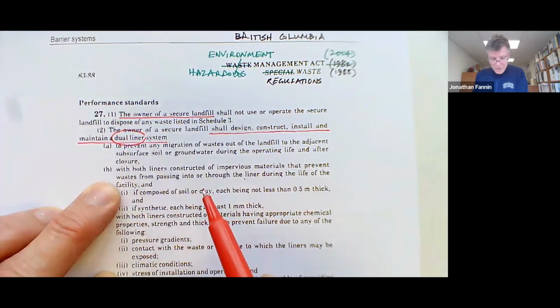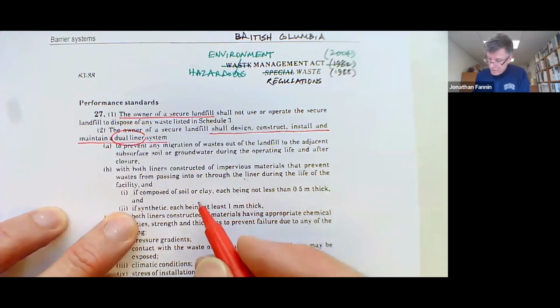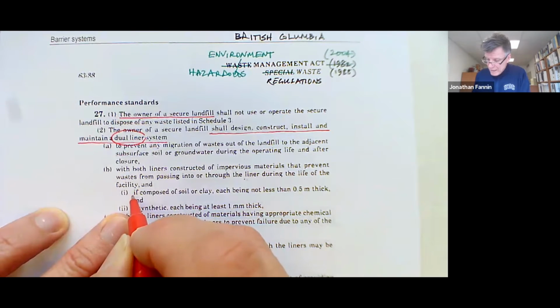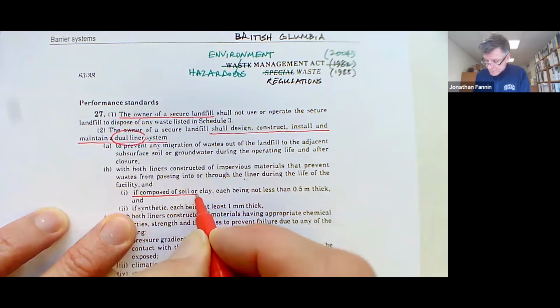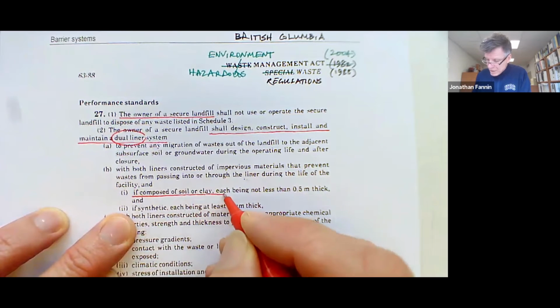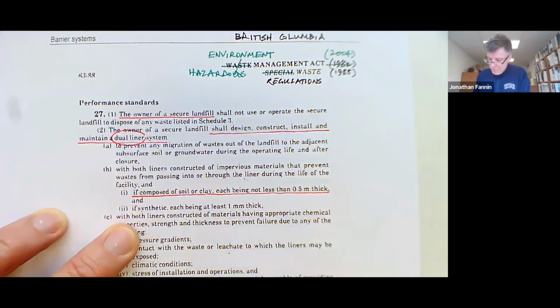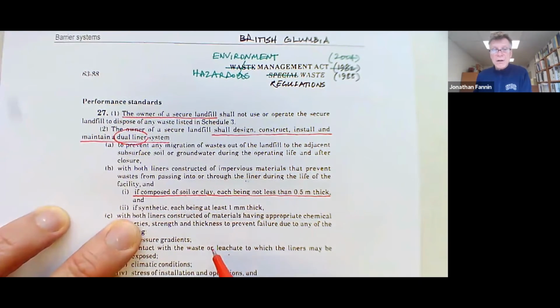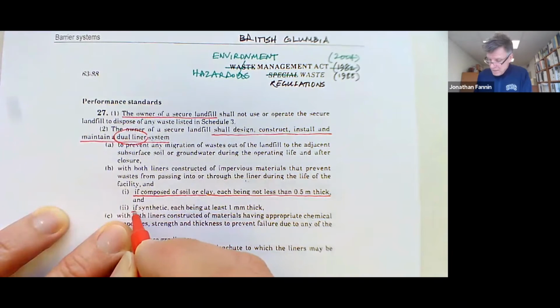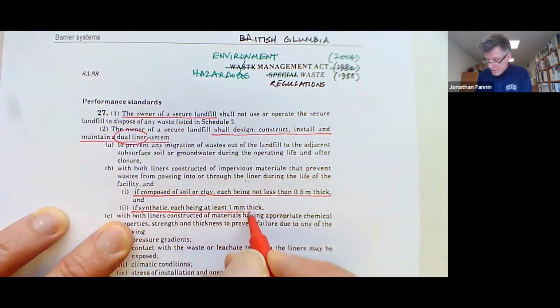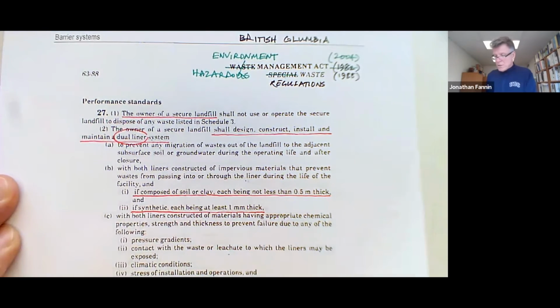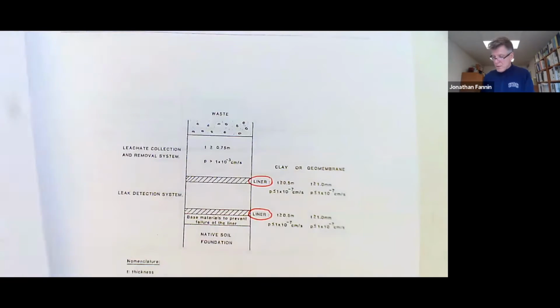If the liner is going to be constructed of soil, for example, clay or clay-y material, then we have some direction as to how thick it should be. If it's going to be of a synthetic material, then again, a direction on how thick it should be. So we get information on the dual liner for hazardous waste.